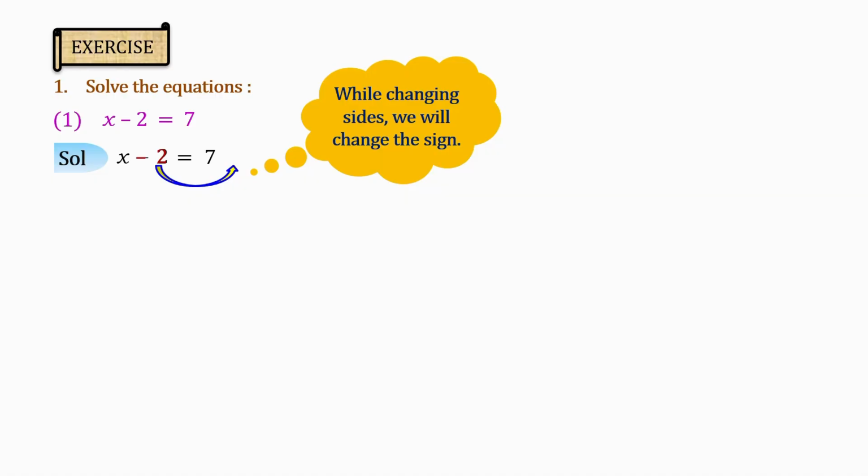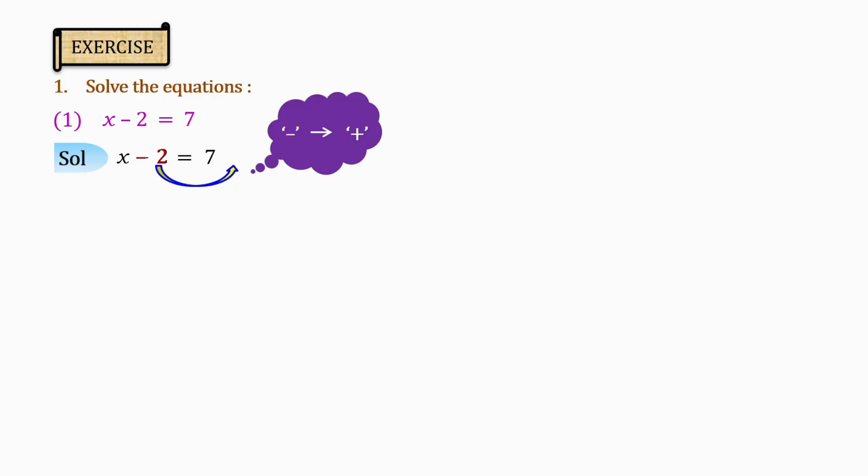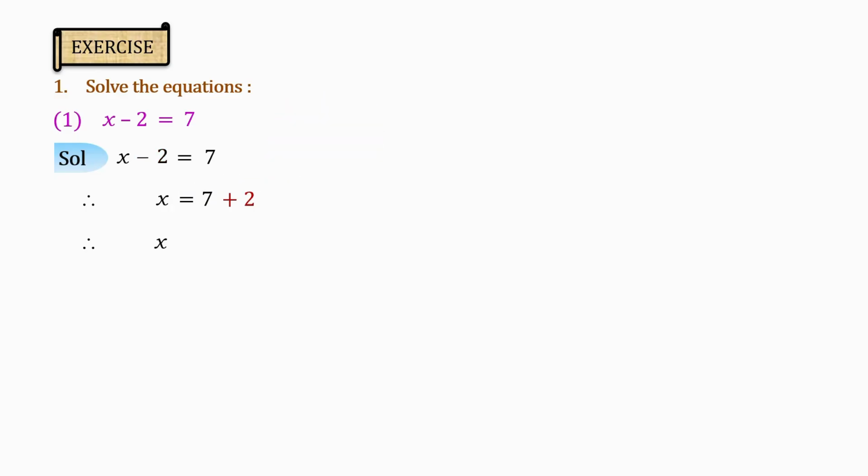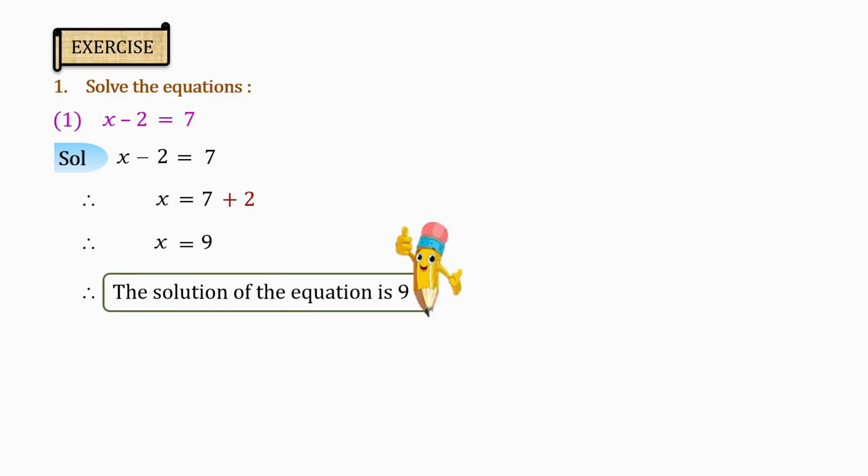While shifting the side, we are going to change the sign. In this case, minus will become plus. Hence, x equal to 7 plus 2. Therefore, x equal to 9. So, the solution of the equation is 9.